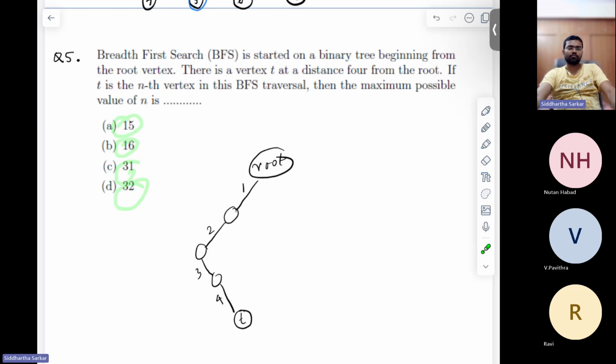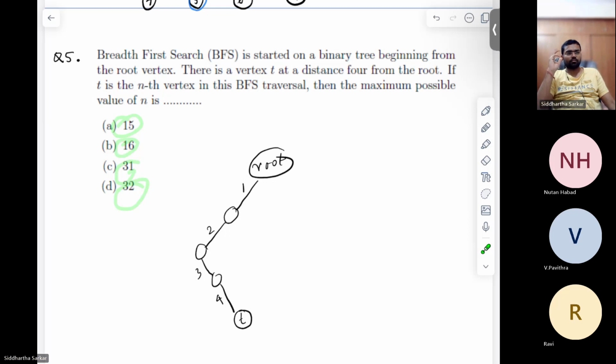We are doing BFS. Why 31? Ravi. So you have to identify what is the maximum value of n.